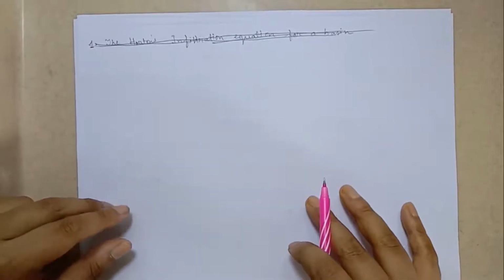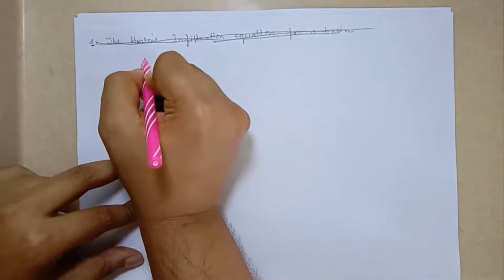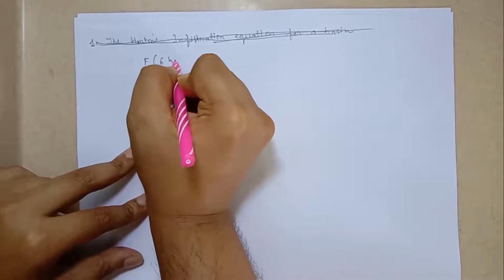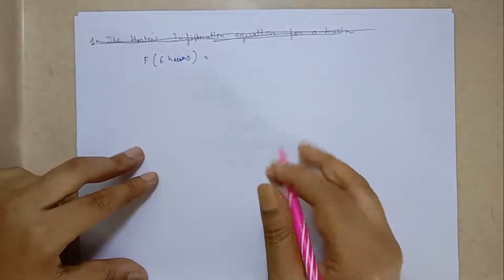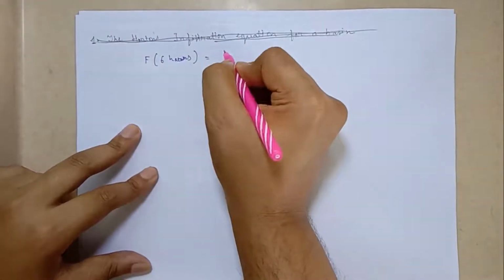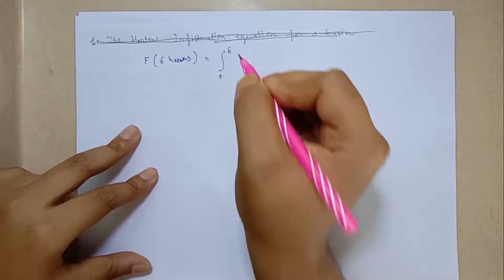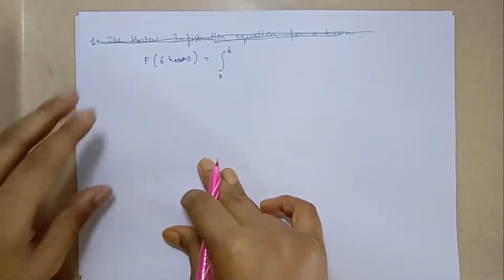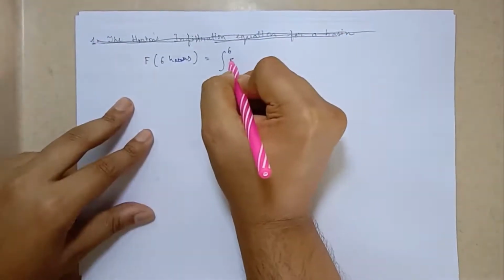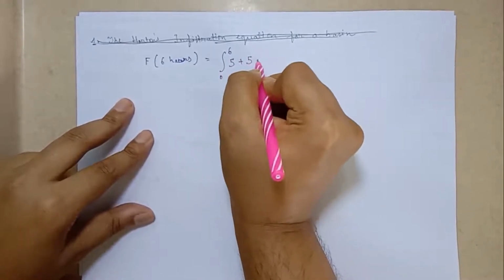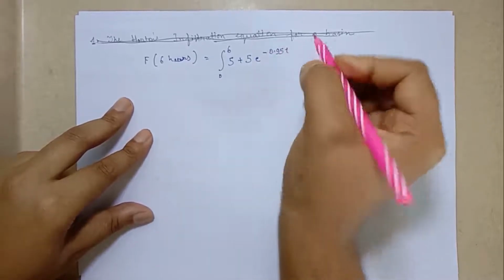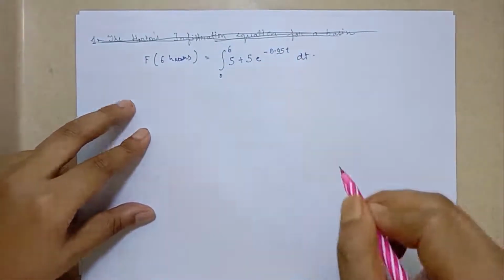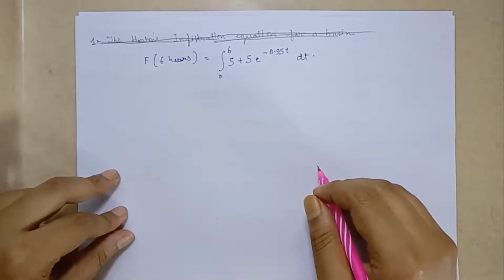F for 6 hours will be equal to the integral from 0 to 6 of 5 plus 5 e to the power minus 0.95 t, dt. Let's integrate this one.